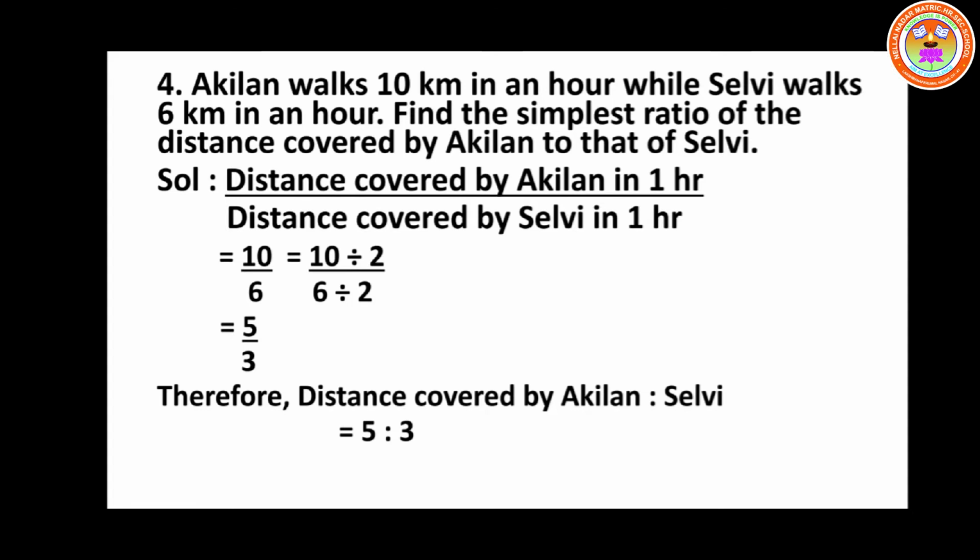How many times will 2 come in 10? 5 times, 2 5s are 10. So 10 divided by 2 is 5. 6 divided by 2 is 3. Therefore, distance covered by Akilan is to Selvi is equal to 5 is to 3. That is your answer.